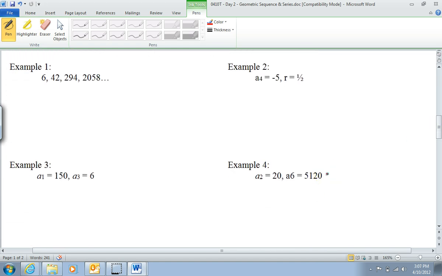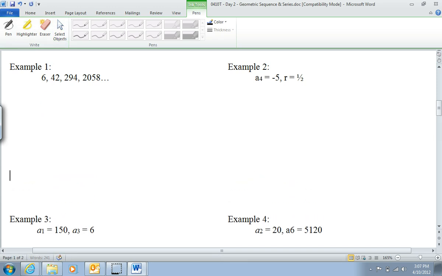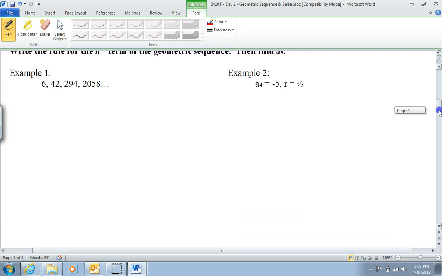Now look, here comes some review for you guys. Look at these examples. Let me have more space. Okay, what are we supposed to do? We're supposed to find the rule for each one of these things.